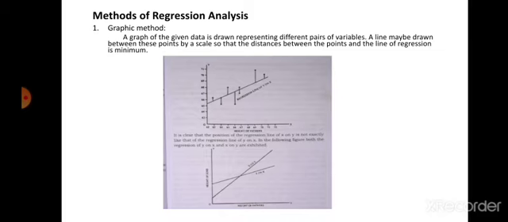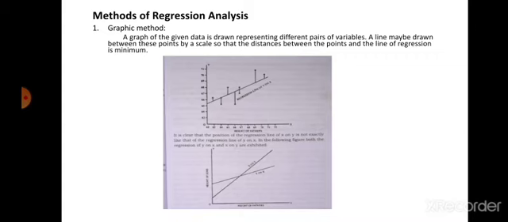Now these points give a picture of a scatter diagram with several points spread over. A regression line may be drawn between these points either by freehand or by a scale in such a way that the squares of the vertical or horizontal distances between the points and the line of the regression is minimum.